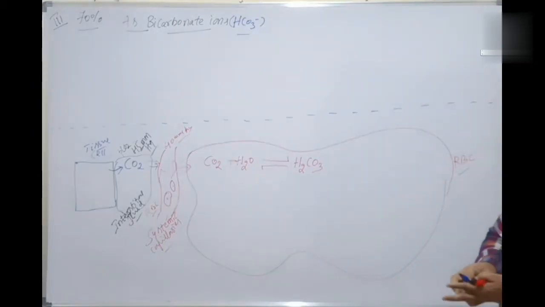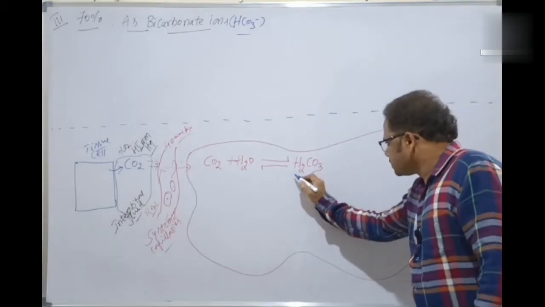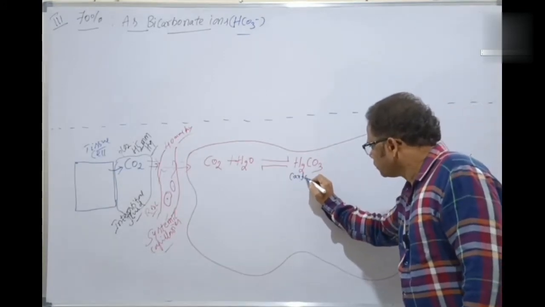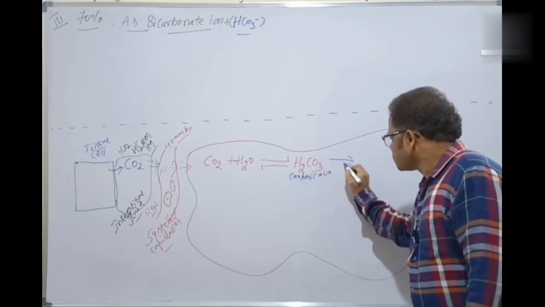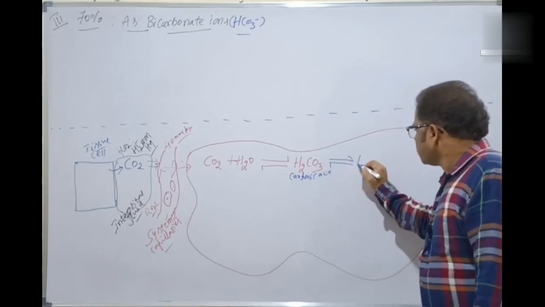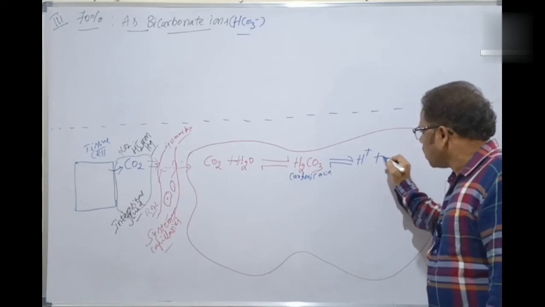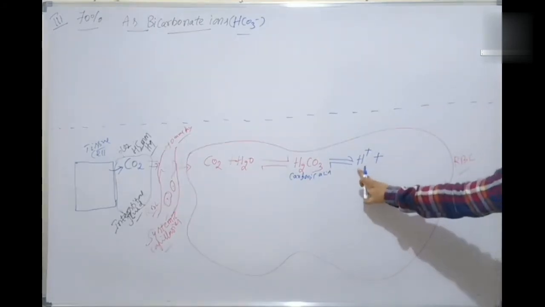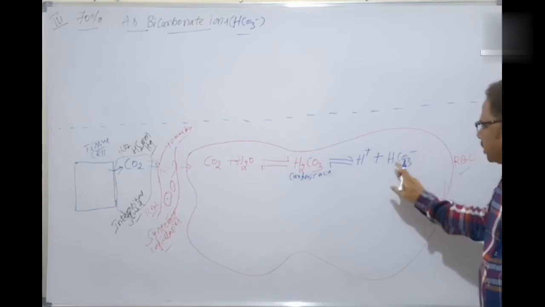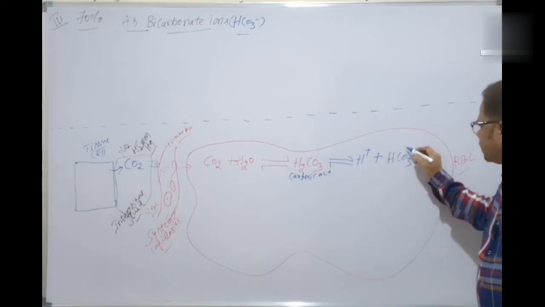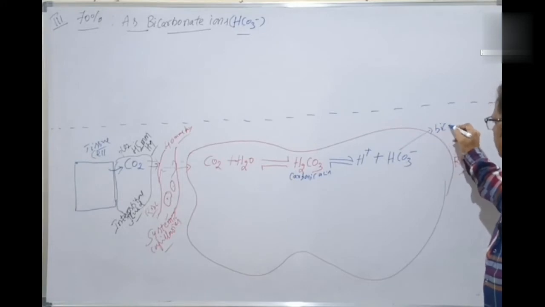When the carbonic acid is formed, again a reversible reaction, it splits instantly into two ions. One is a cation, H plus, the other is an anion, HCO3 minus ion. This is a bicarbonate ion.